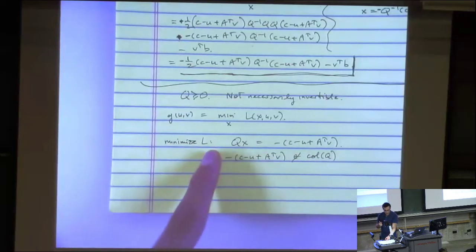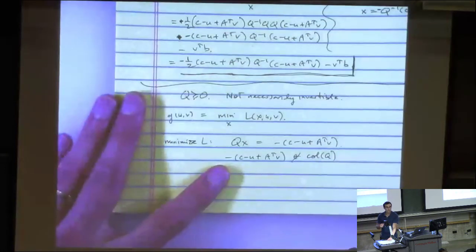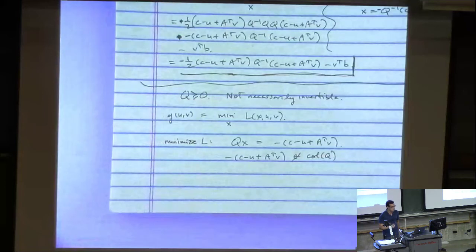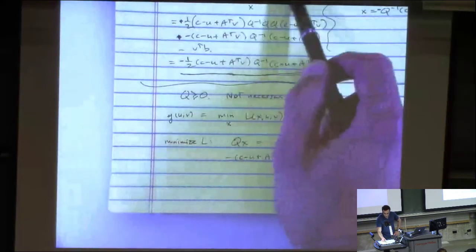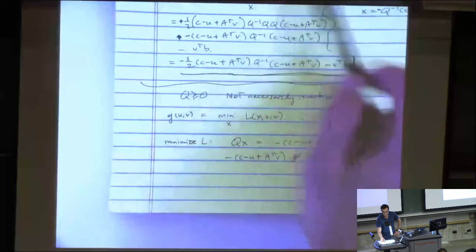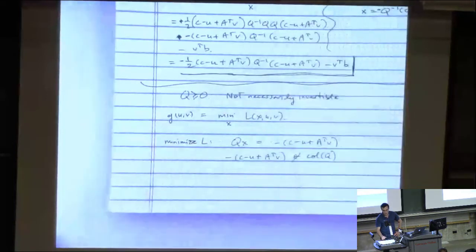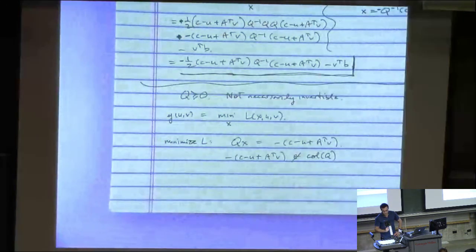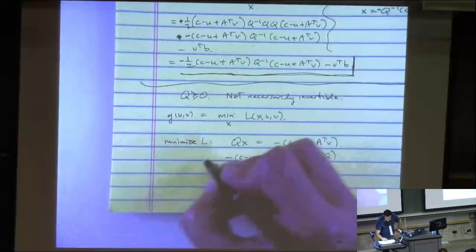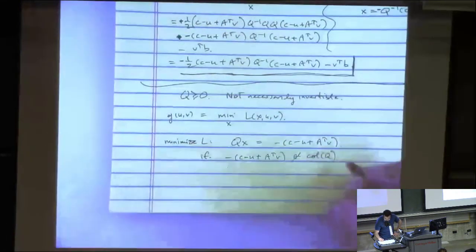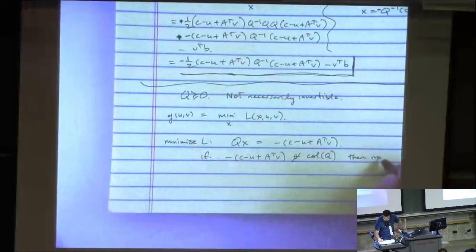In that case, if you were to minimize the Lagrangian over x, you get negative infinity, similar to the linear program case. Essentially, there's an x that makes this term 0, but makes this term arbitrarily large negative. So in this case, the minimum is minus infinity.